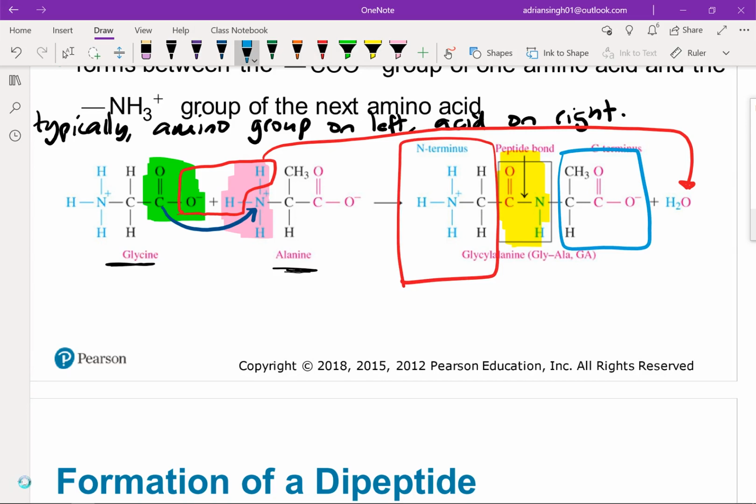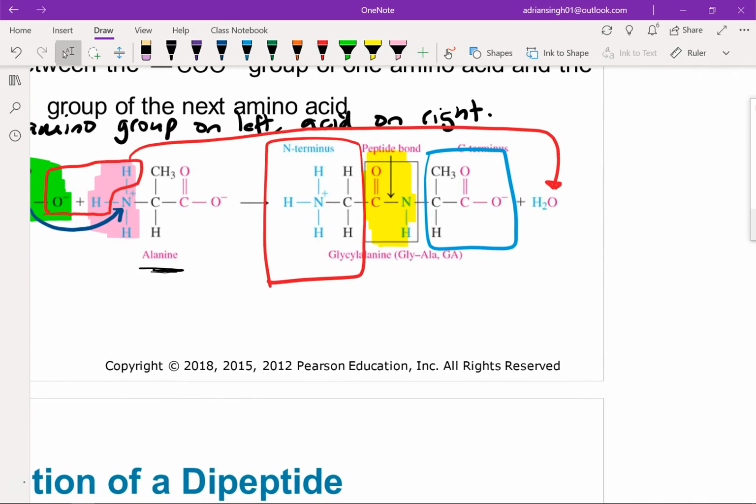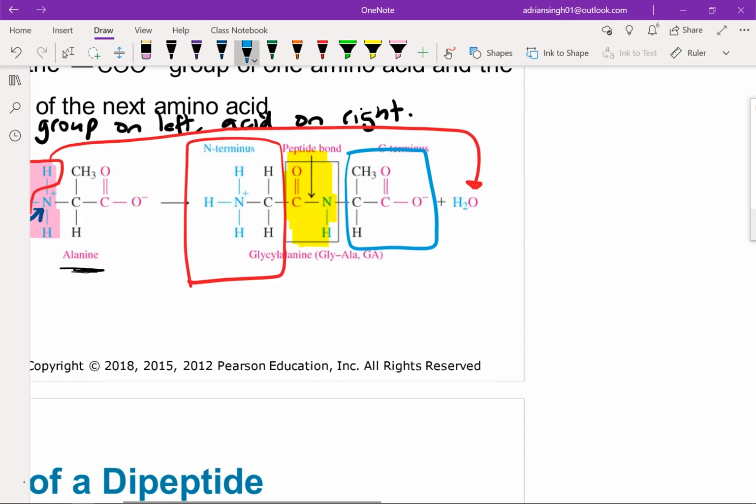So what you will notice is when we start linking these amino acids together, one end of the growing peptide now has a free nitrogen. It's not part of an amide bond, and we call this the N terminus. And then on the other end, we have our free carboxylic acid or carboxylate. We call that the C, the carbon terminus.